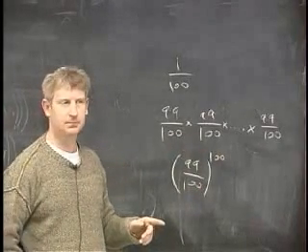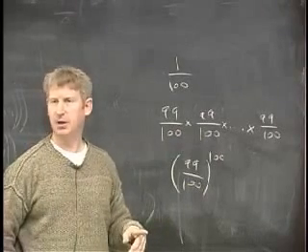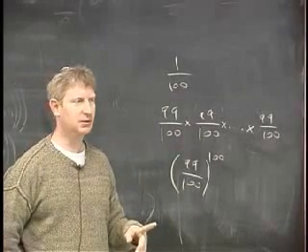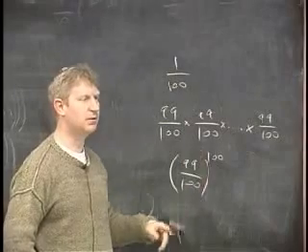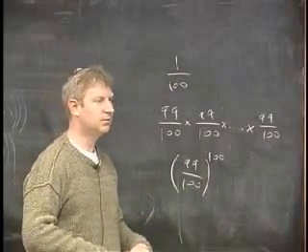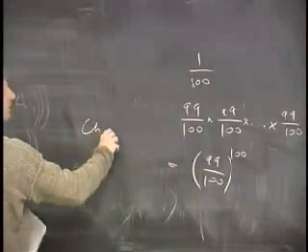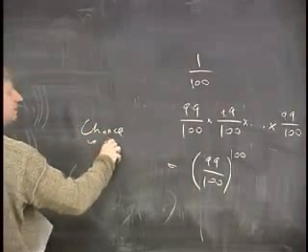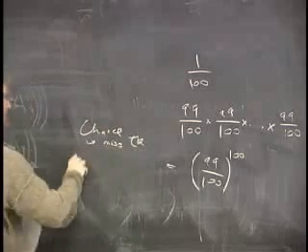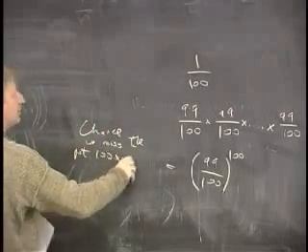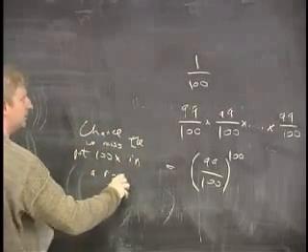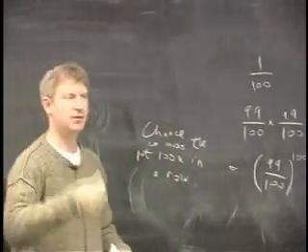Okay? Does anybody have a calculator? I can't do this in my head. Do 99 over 100 to the 100th. This is the chance we miss the pot 100 times in a row. It's the multiplication principle, one after the other after the other.